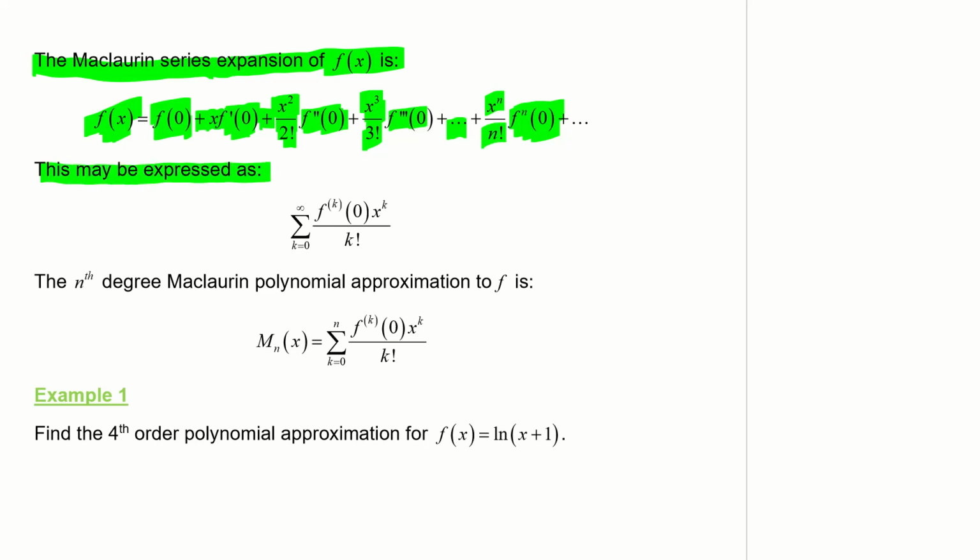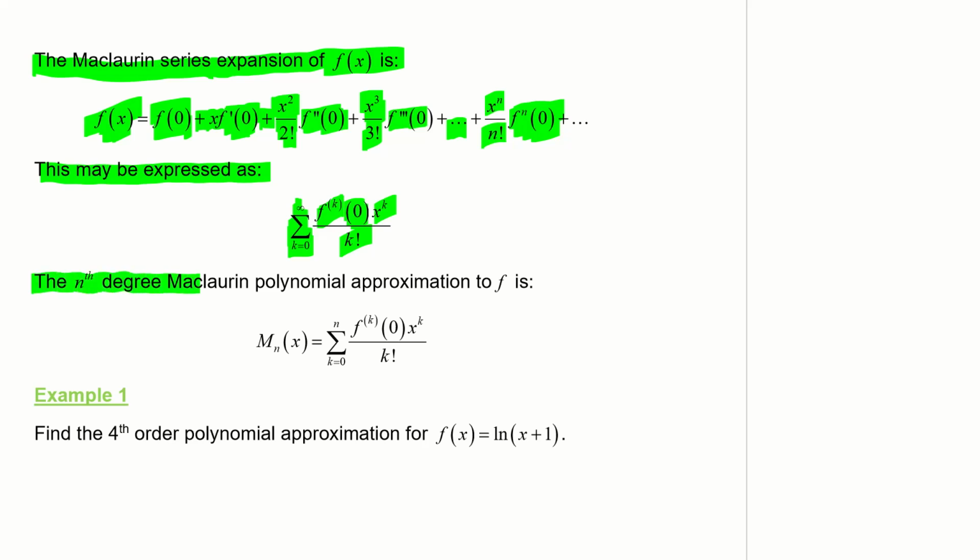And this may be expressed using sigma notation as the sum from k equals 0 to infinity of the kth differential of f evaluated when x is 0 times x to the k over k factorial.